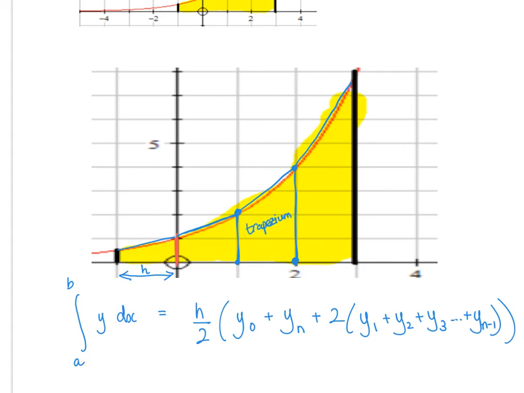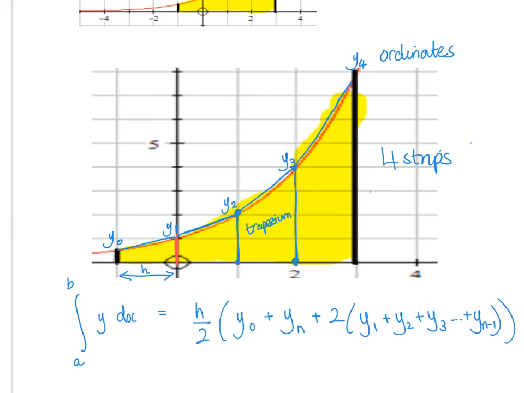So we'd have, that would be y0. This would be your last one, which is 0, 1, 2, 3, 4. That would be y1, y2, and y3. And we get these values. These values are called ordinates. And what we've got here are 4 strips.